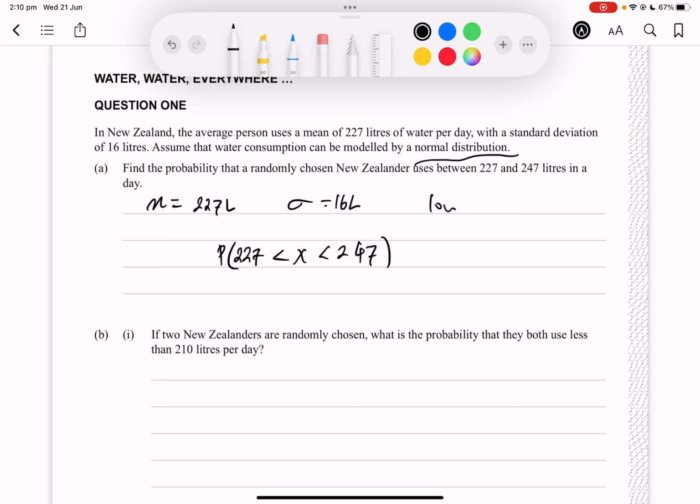Your low will be 227, your high is 247, your mean is 227, and your SD is 16. And you should get the answer to be 0.3944. And this is an achieved level question there.